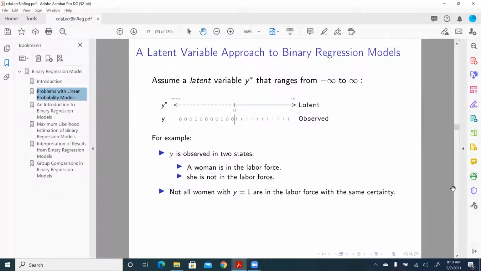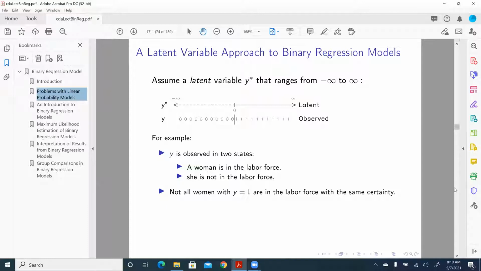Note that not all women with y equal to 1 are in the labor force with the same certainty, right? Some women are in the labor force with certainty because she's young and she has a high level of education and she has this motivation to participate in the labor force.